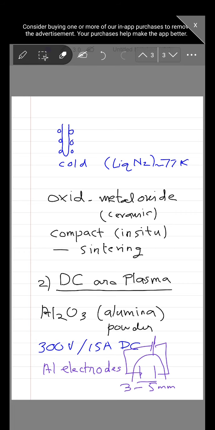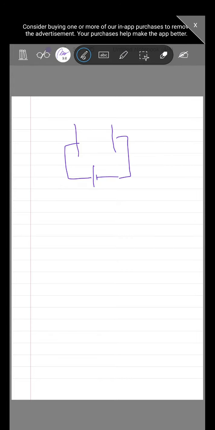Let's draw it in a different way. So there are two electrodes, and they are kept in a closed chamber. One of them is the cathode, where oxidation takes place is the cathode. Let's take this as the cathode.